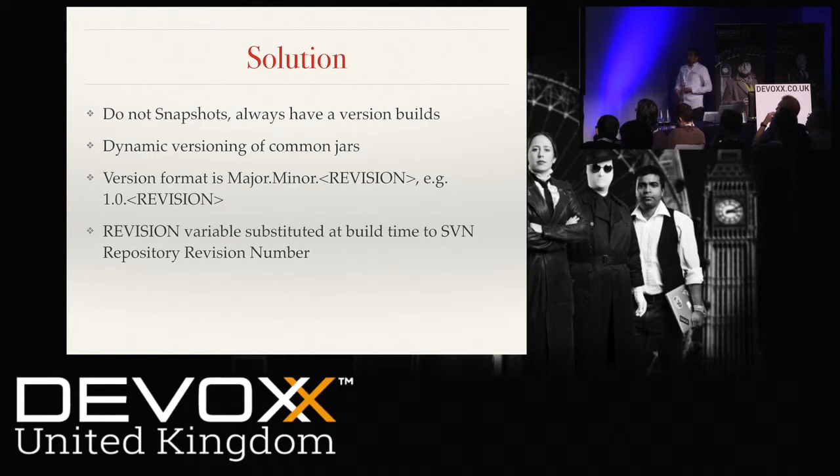The value of this variable is replaced, in this case it's Subversion, so it works well, with the repository revision number, which is the number your repository revision is at that point of time, and that value is replaced by your build system. So using Jenkins or TeamCity, whichever is the CI server that you might be using, just add -Drevision and get the repository revision number for which this particular build job is running.